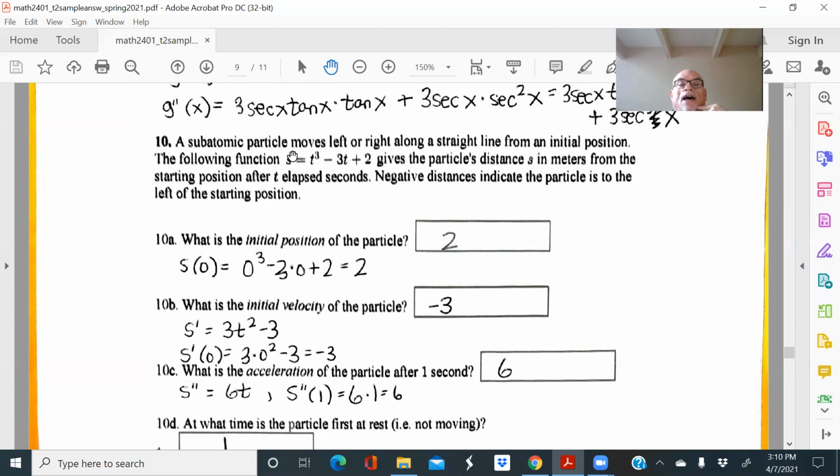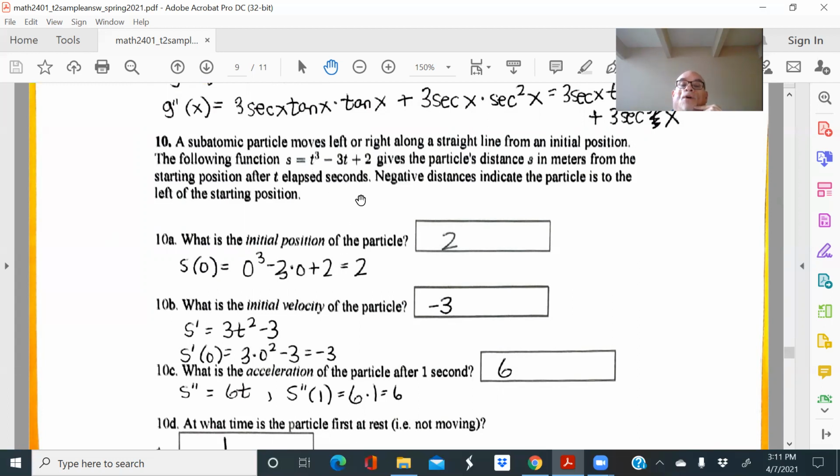And this function S will give you the particle's distance in meters from its starting position, after a certain number of elapsed seconds after it started moving, or after we start observing it. So S gives you the position of the particle, in meters, after t elapsed seconds.